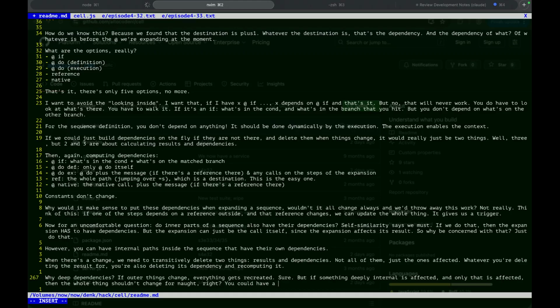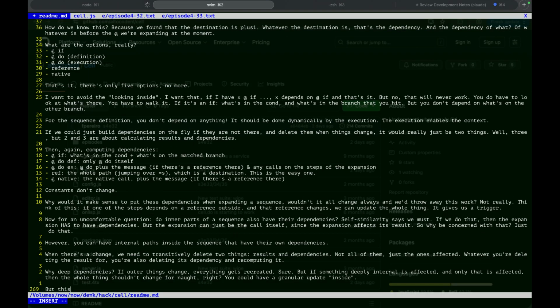You could have a granular update inside, but this is not accurate. If something deep inside a sequence changes, it is to be expected that the overall result of the sequence will also change.